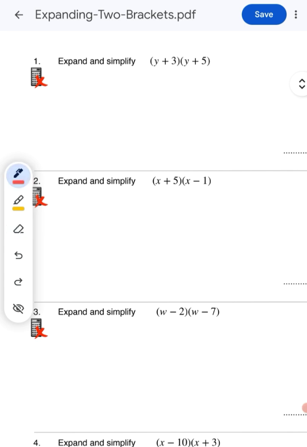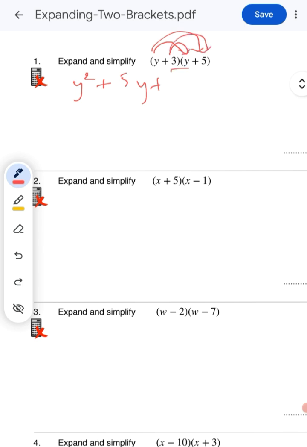Now what you need to do is we will be multiplying one by one y with the y and then y with 5. Okay, so y multiplied by y is y square. Please note it's not 2y, so y square plus y multiplied by 5 is 5y, right? Plus sign once again. Now 3 with the y and 3 with the 5.